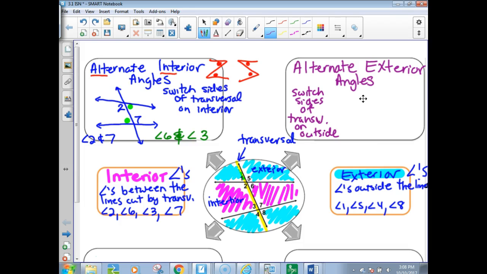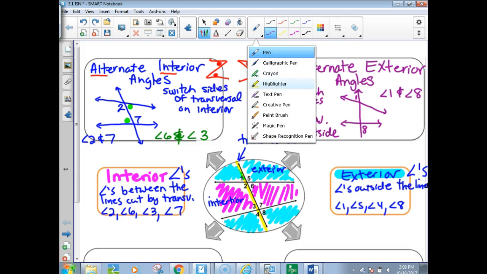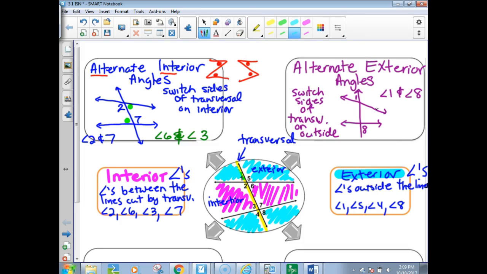I'm going to draw that picture again. So 1, now I'm going to jump over the transversal and go back outside to 8. Angle 1 and angle 8 are alternate exteriors. And then in your diagram, I'm going to change color so I can show you.